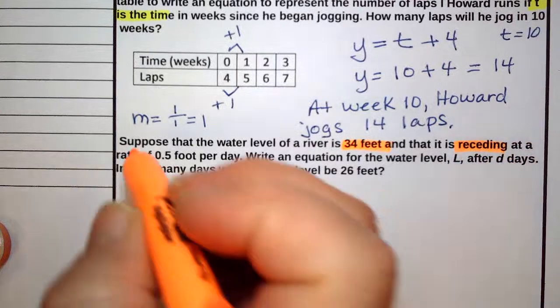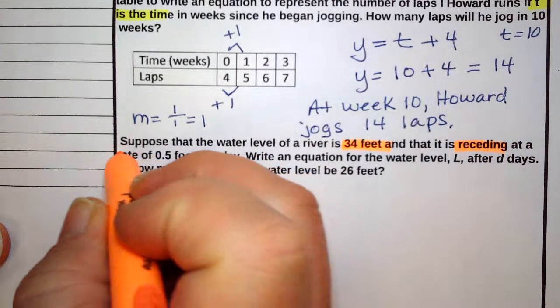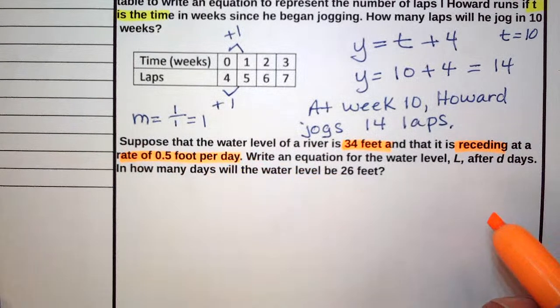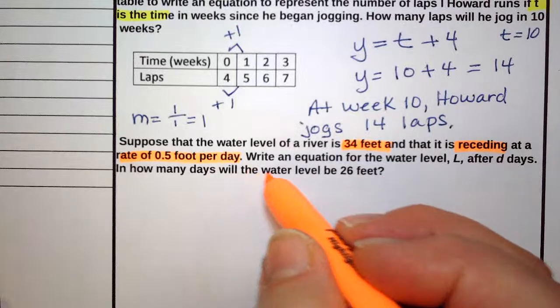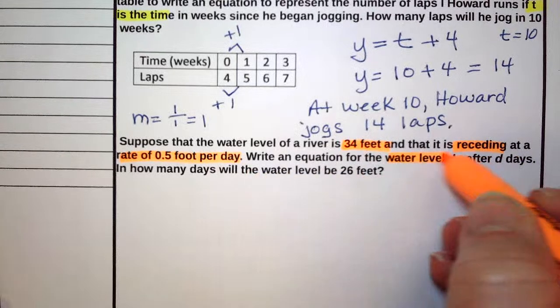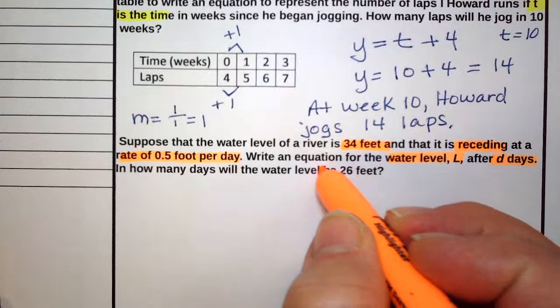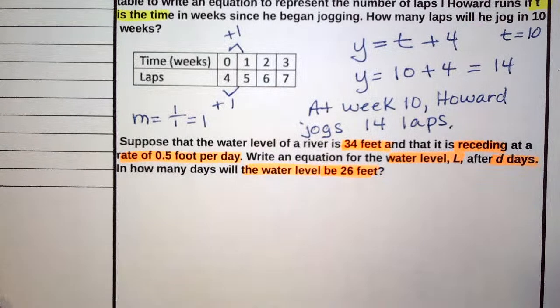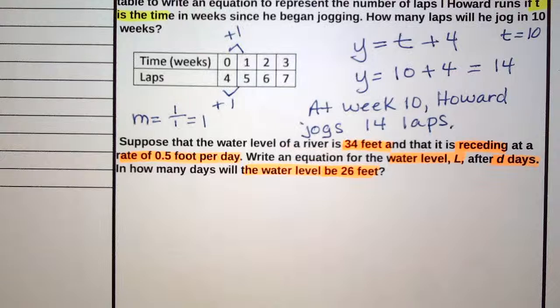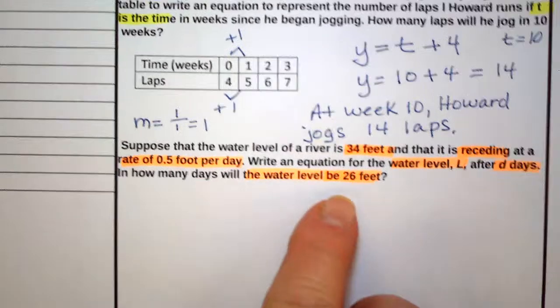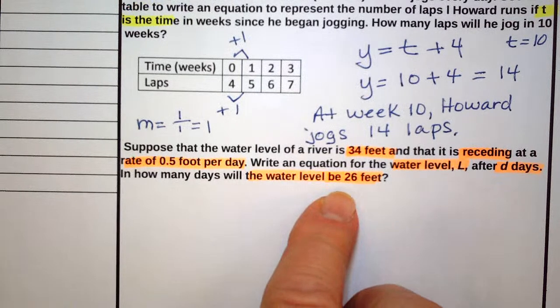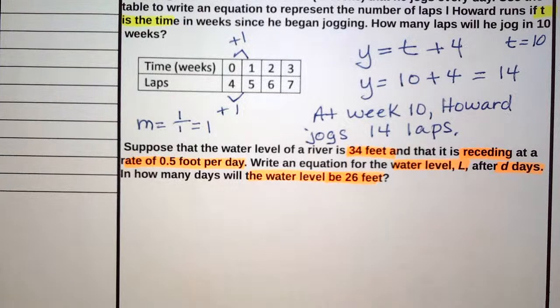It's receding at a rate of 0.5 foot per day. Write an equation for the water level L after D days, and we want the water level to be at 26 feet. So this is a little bit different than what we've been doing, because we have the output and we want to know the input.